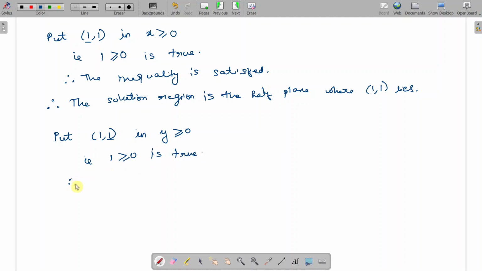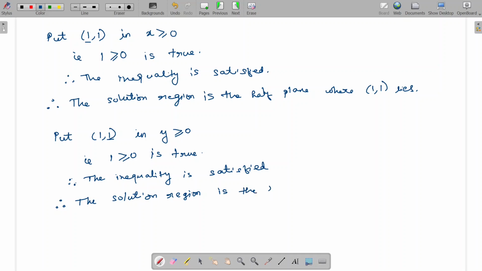Therefore the inequality is satisfied, and therefore the solution region is the half plane where 1 comma 1 lies.